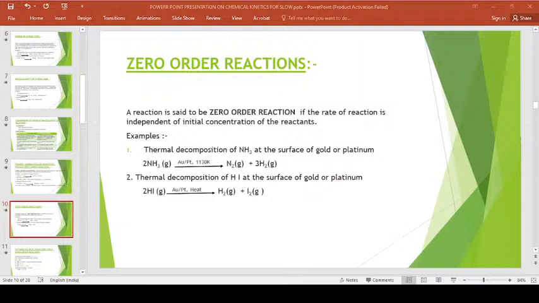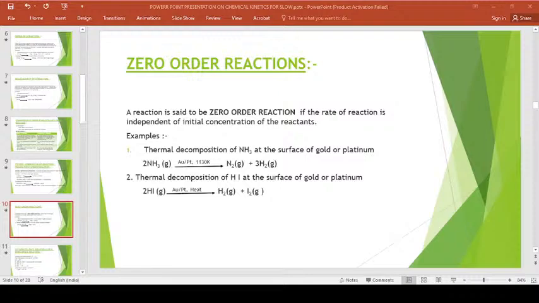This implies minus dR by dt, meaning your rate can be expressed as minus dR by dt, the rate of disappearance of reactant with time, equal to K into R, where K is the specific reaction rate constant. Then this implies dR by R equal to minus K into dt.